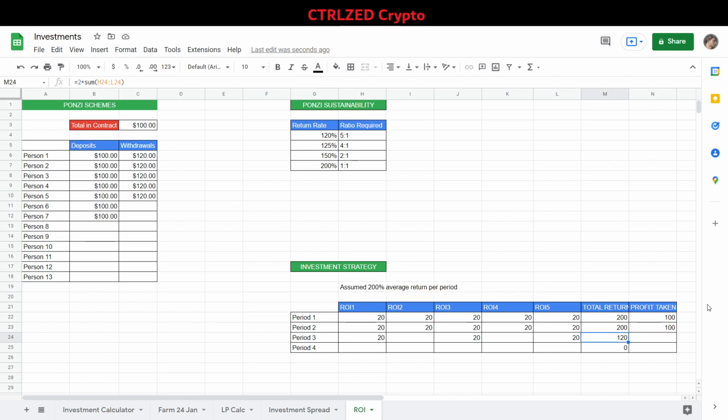So you made a return of 120. You take out your 20, that's your profit, and you go back in with another 5. And hopefully, as long as 3 out of 5 survive, you're ahead.